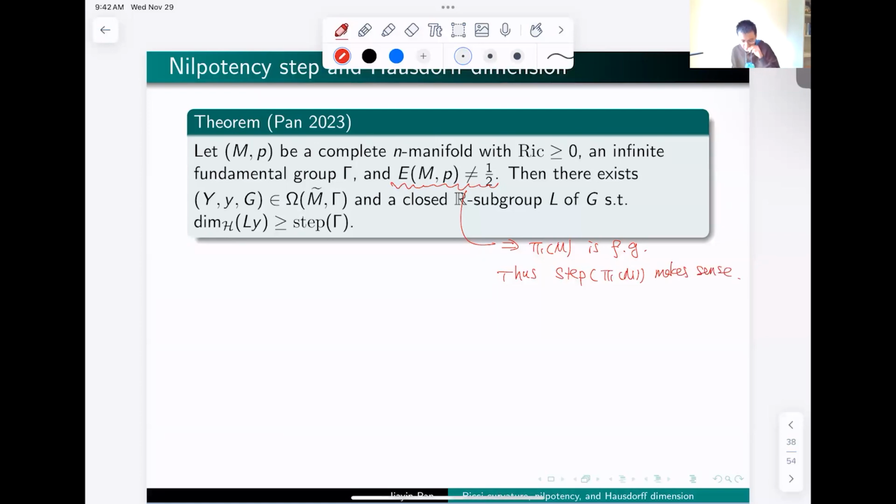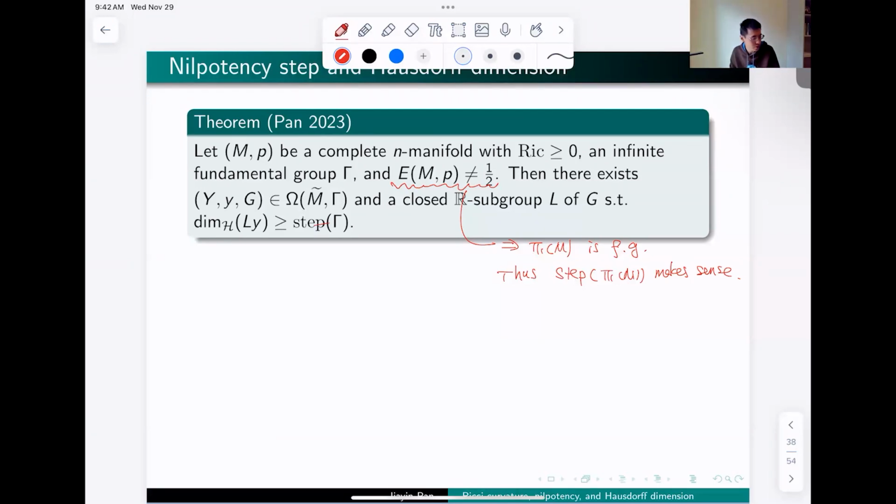But it's virtually nilpotent. The result is there exists some asymptotic cone of the universal covering and a closed R subgroup of that G, so that the Hausdorff dimension of your orbit is at least the step of gamma.